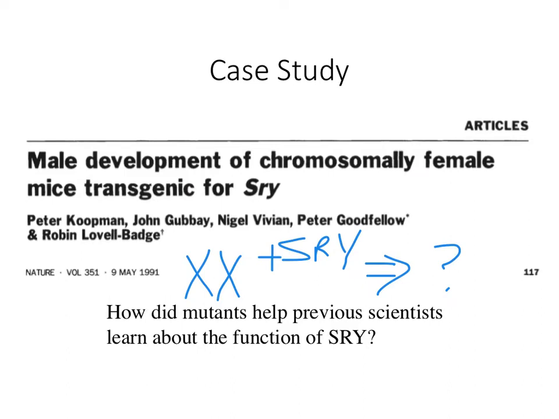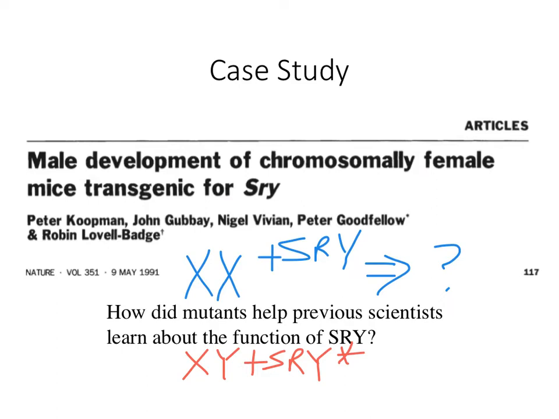But before the scientists did this study, they knew something else too. And they knew that XY individuals had been identified that had mutations. So the Y chromosome has SRY, but some people have SRY that has a mutation. I just denote that with an asterisk.